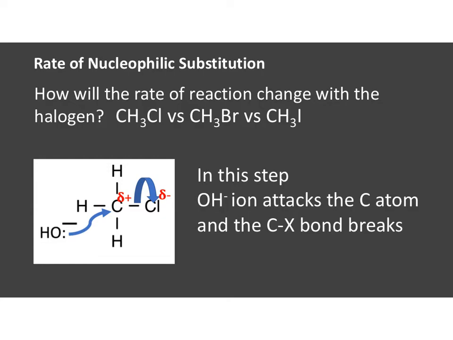The only step in the mechanism is the hydroxide ion attacking the carbon atom and the carbon-halogen bond breaking, where X just represents the halogen. So let's have a think about how the rate of that step in the mechanism will be affected as we change the halogen.